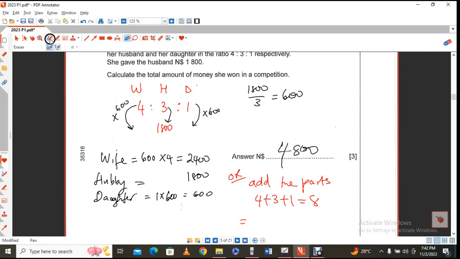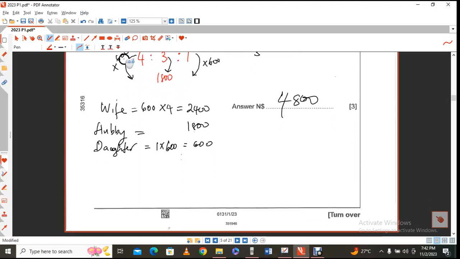So you can say the wife gets 4 out of 8 times. Here's the problem with this method: we don't know what the total amount of money is, so I'm not going to use that. That one is totally not applicable here because we don't know the total amount, and we have to use this particular method to find the individual allocations, and then we add it all up.